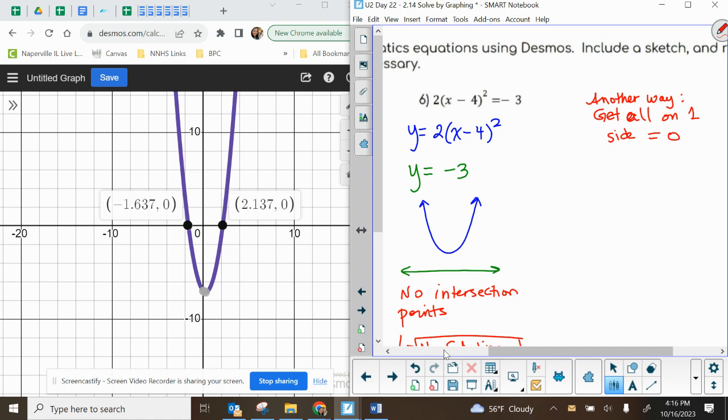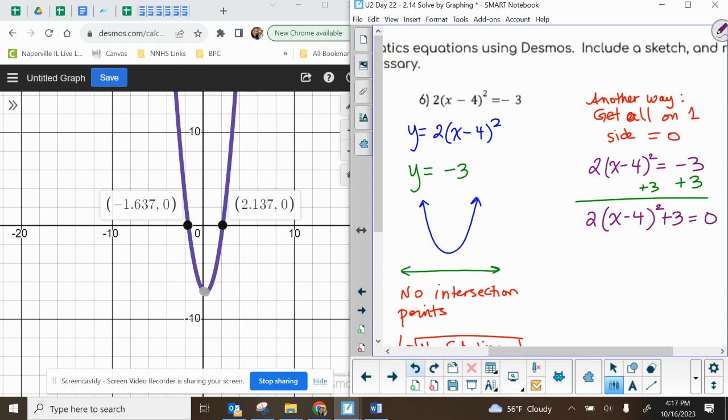So to do that, I would take my original equation and I would add 3 to both sides. So then I have 2 times x minus 4 quantity squared plus 3. Forgot the plus 3. Plus 3 equals 0.